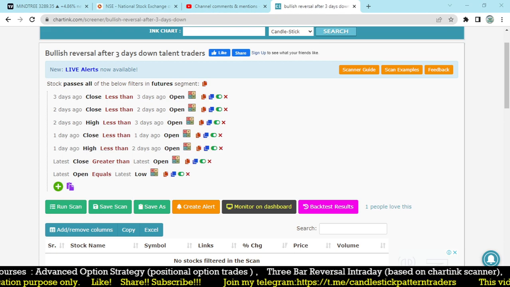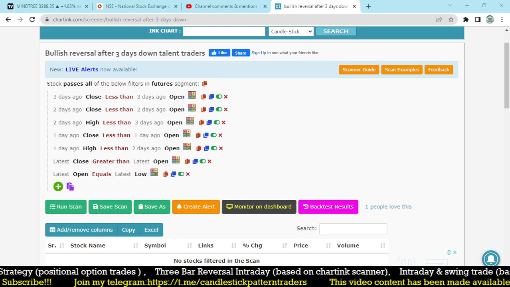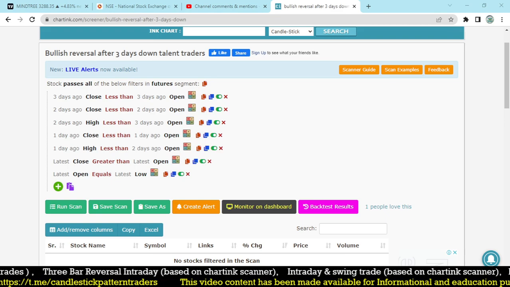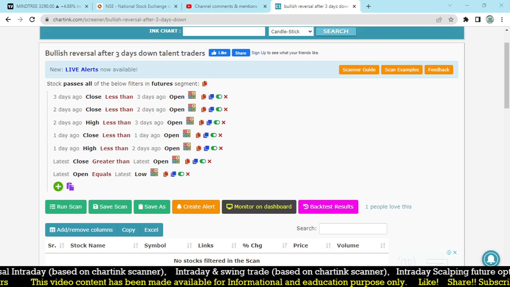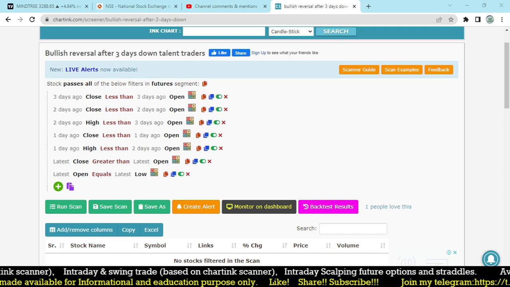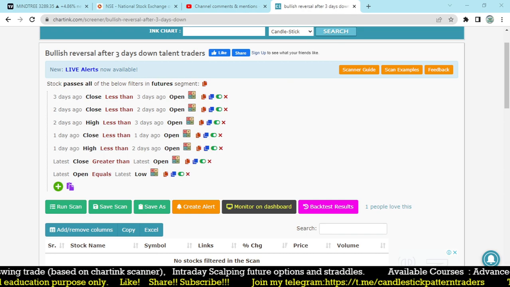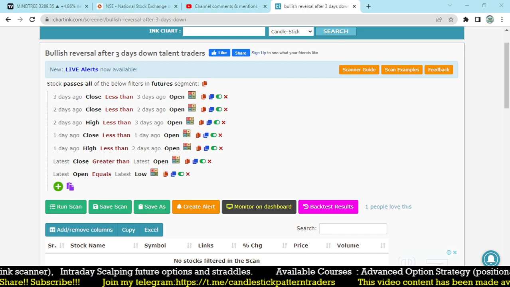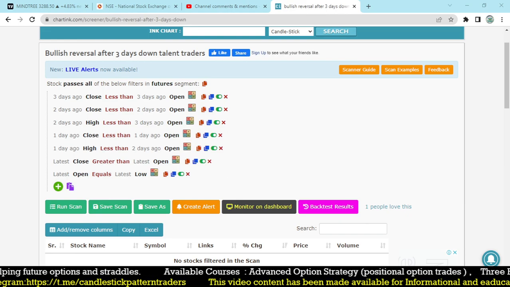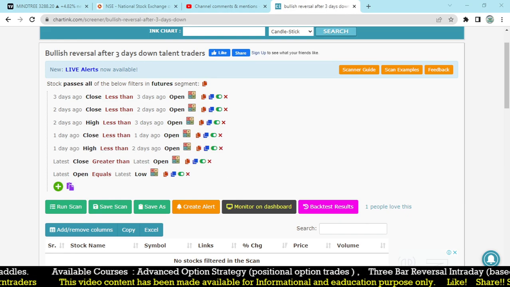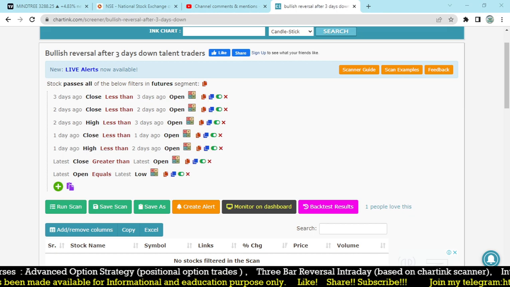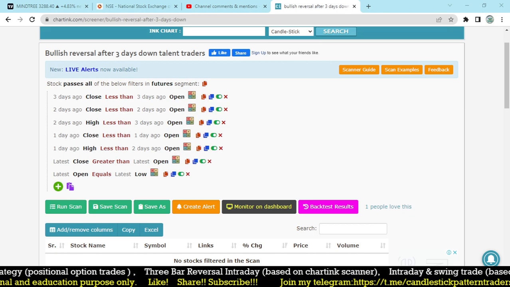I'll make a new scanner in the next video about the reversal of three consecutive bullish days, where we expect a down. It will work even better if you check the reversal at the highest level, because the correction would be very fast compared to the bullish market. So we can use that logic.